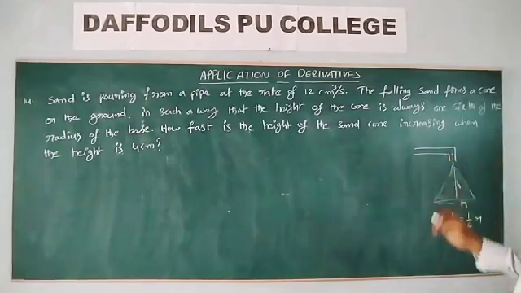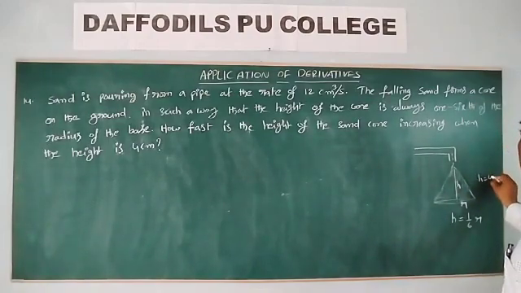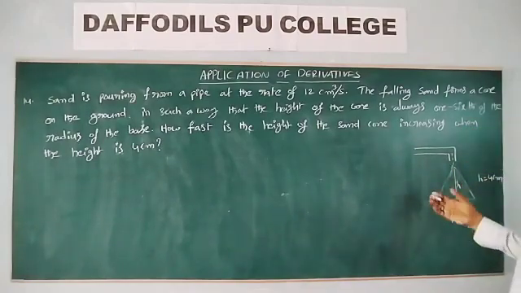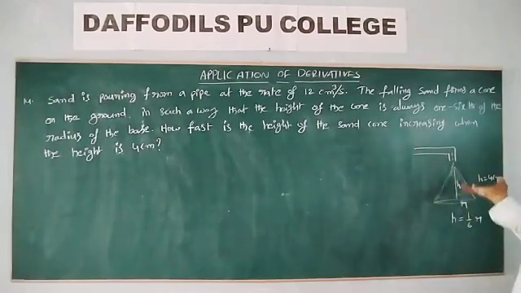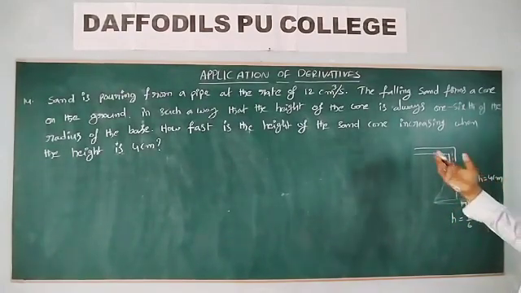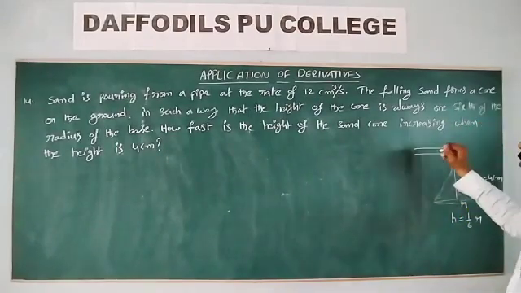So first of all, height is given. Height is equal to 4 centimeter. By falling the sand, the height is increasing with respect to time. What is asked?